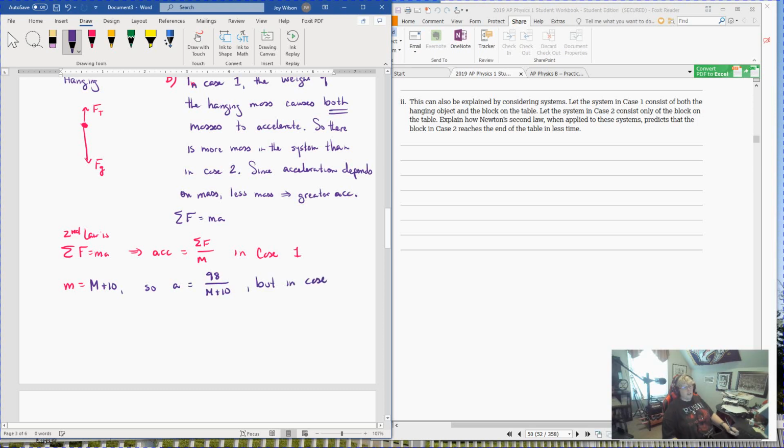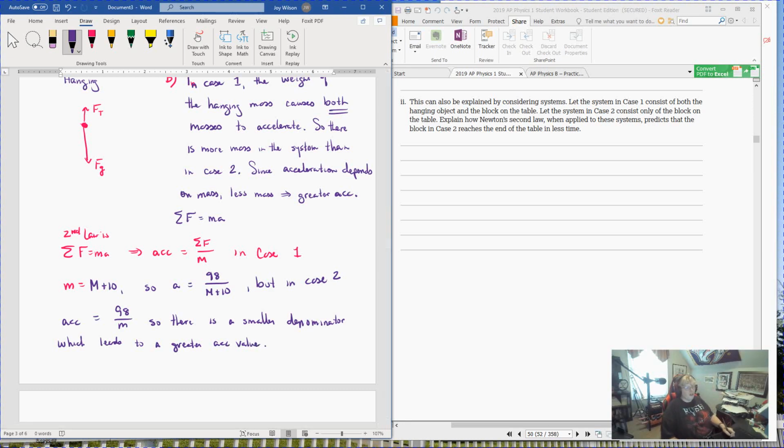But in case 2, acceleration equals 98 over M, so there is a smaller denominator, which leads to a greater acceleration value. So that's why it accelerates more.